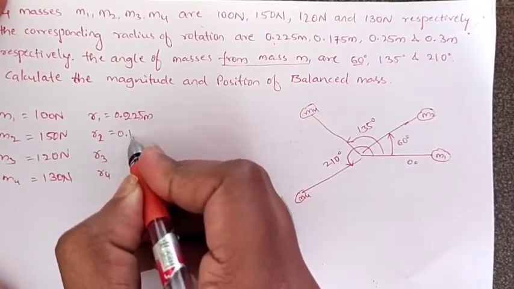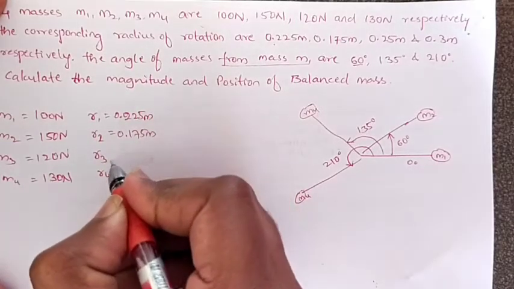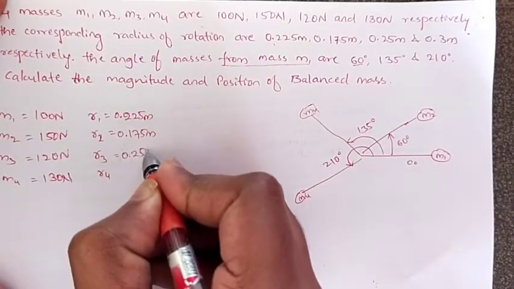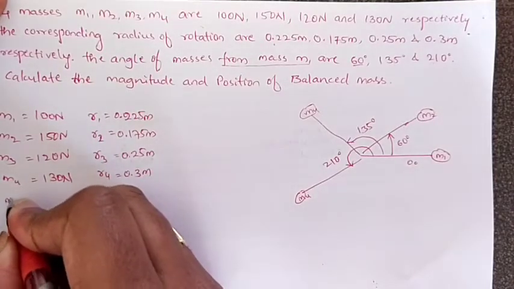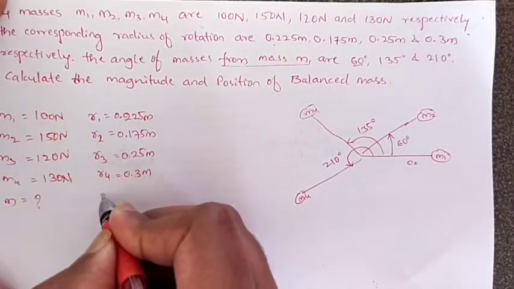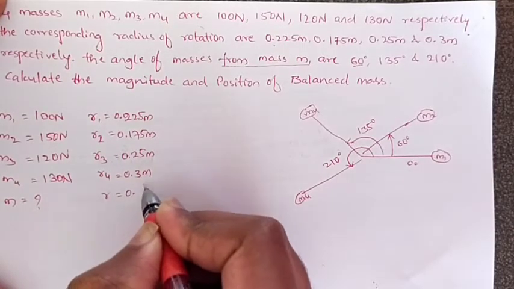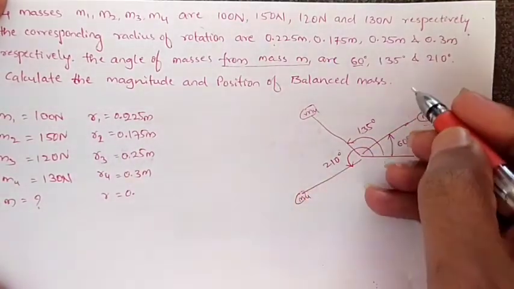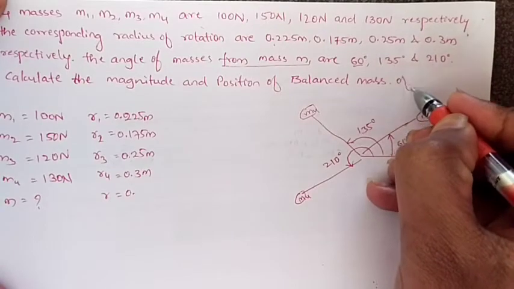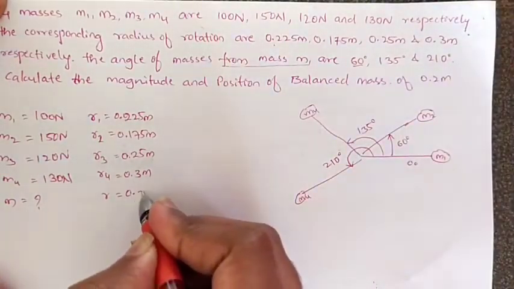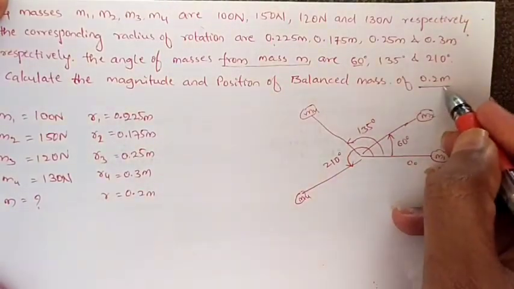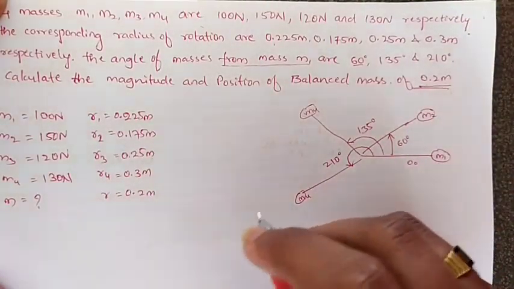Then 0.175 meter, 0.25 meter and 0.3 meter. Okay, you need to find the balanced mass M for a radius of 0.2 meter. In the problem statement it is given 0.2 meter.